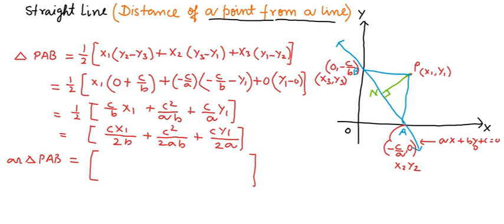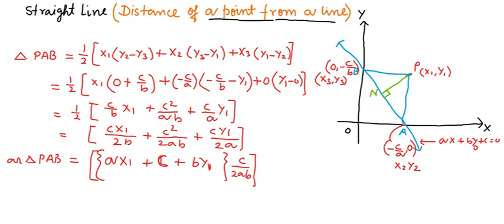We will take common C upon 2AB from these three terms. When we take common C upon 2AB, then we will have x1 times A, similarly here you will have C only, plus here B y1. This is the area of triangle PAB.